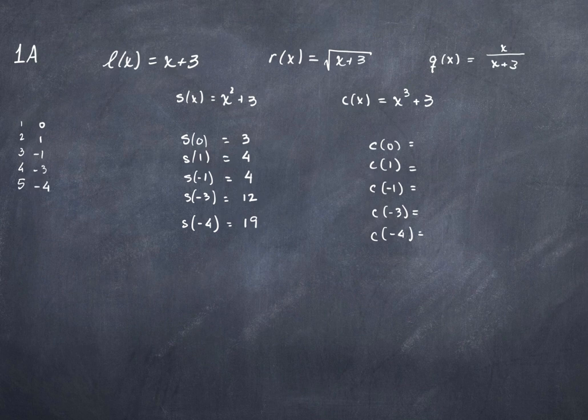Into our cubic function, we have 0 cubed plus 3, 1 cubed plus 3, negative 1 cubed, which is negative 1, plus 3, negative 3 cubed, which is negative 27, plus 3, and negative 4 cubed, which is negative 64, plus 3, which is negative 61. So check that you got the same answers. If you didn't, go back and check your arithmetic. And that was the end of what we did for that piece.